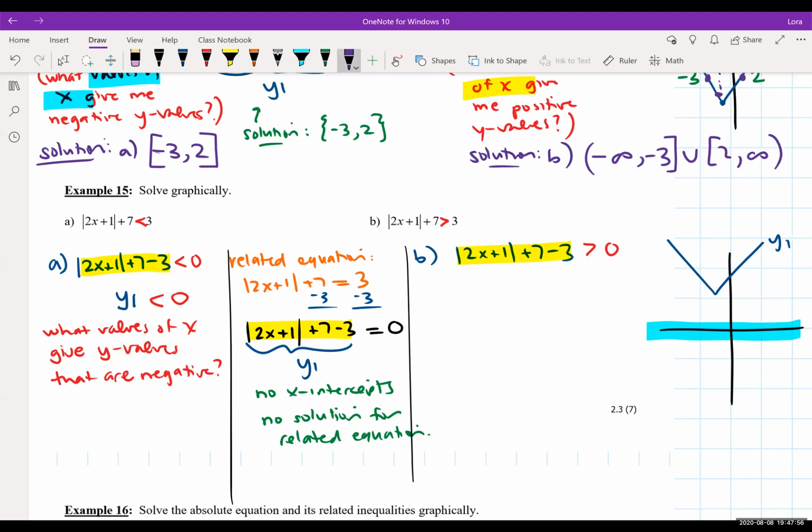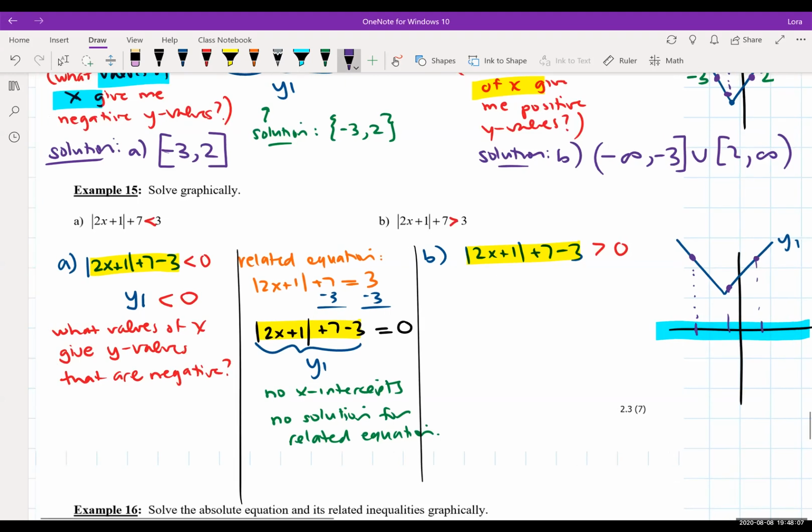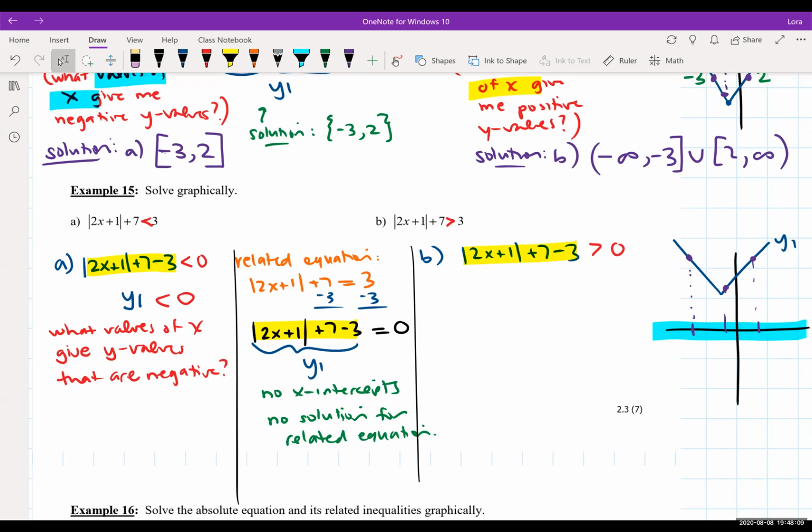And if you're not sure, you can pick a test value and notice that the corresponding y values, no matter what you do, are always positive. So when I look at part A, the values of x that give y values that are negative, none exist.